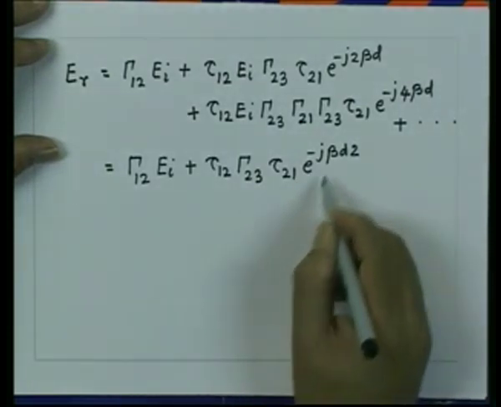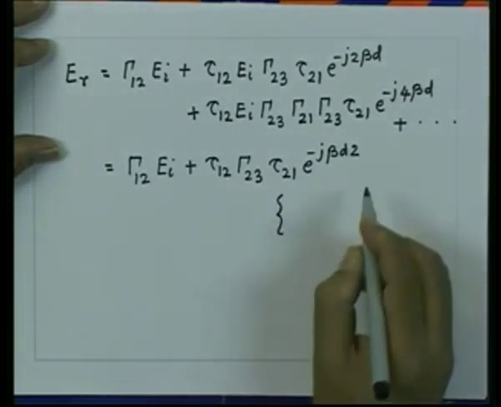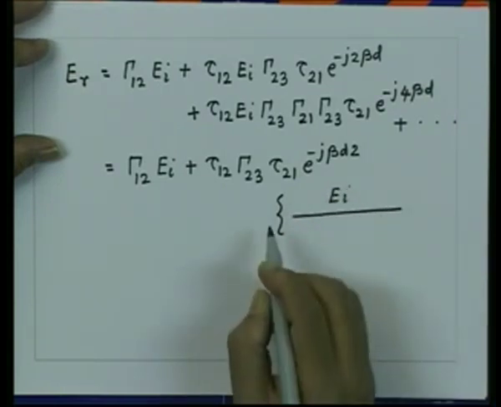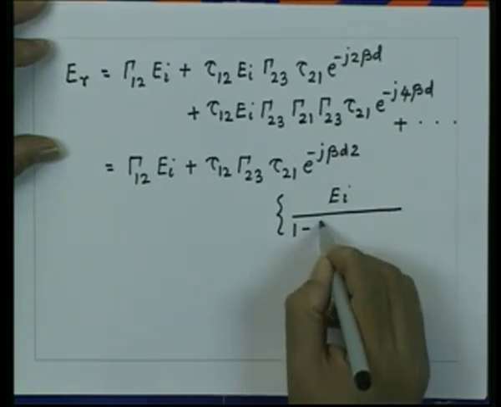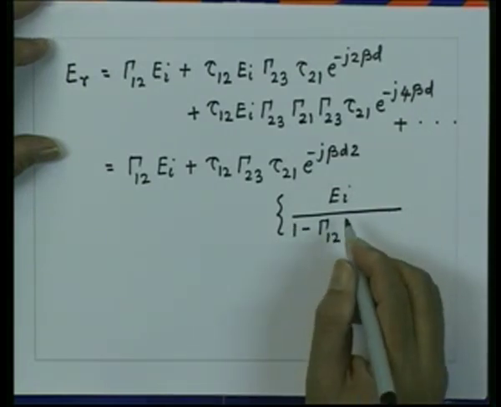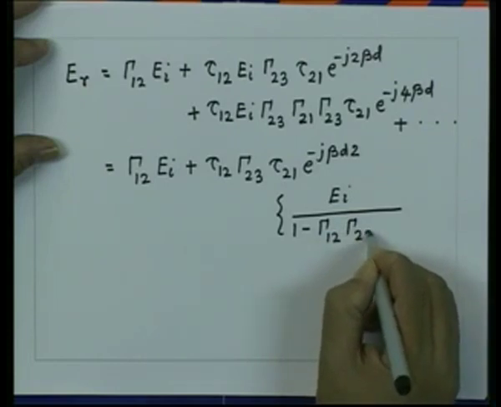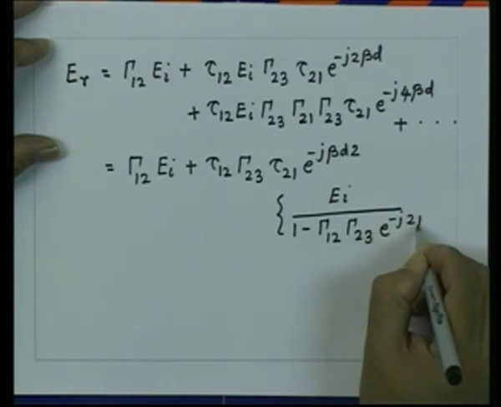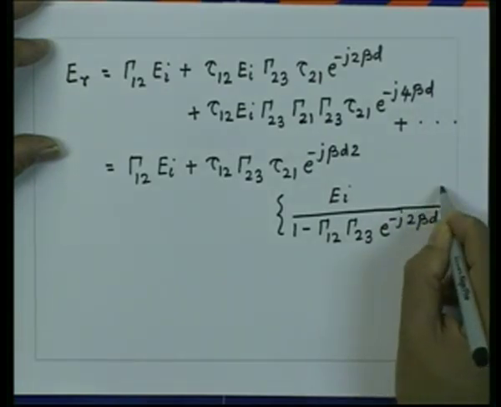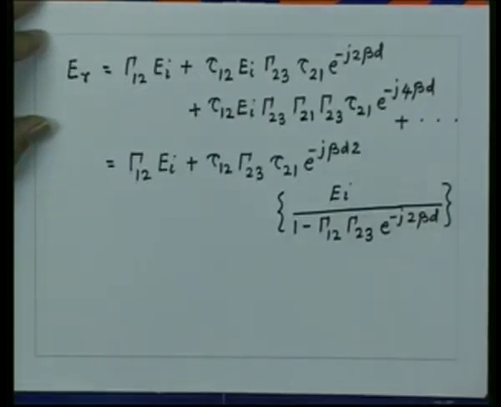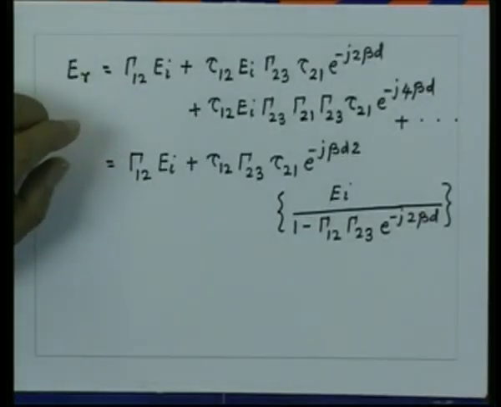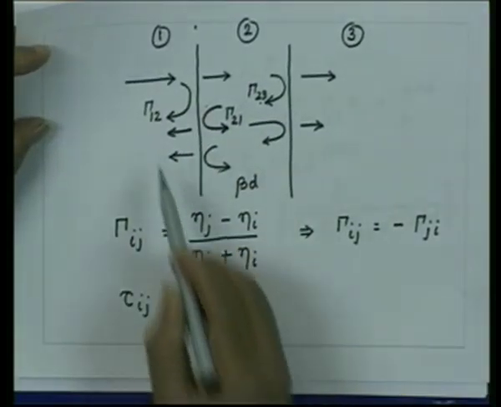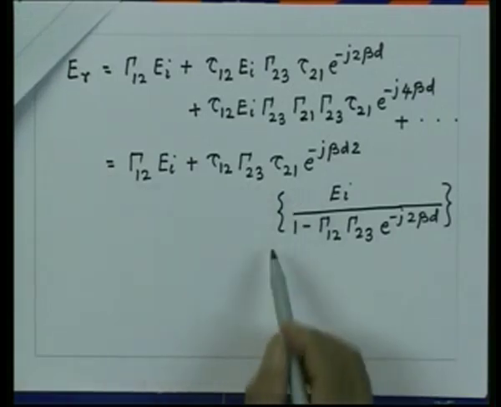So, this term will be multiplied by E I upon 1 minus gamma 1 2 gamma 2 3 e to the power minus j 2 beta d. So, if I know now the field which is incident on this wave, then I can find out what would be the net reflected wave, which will be essentially given by that.